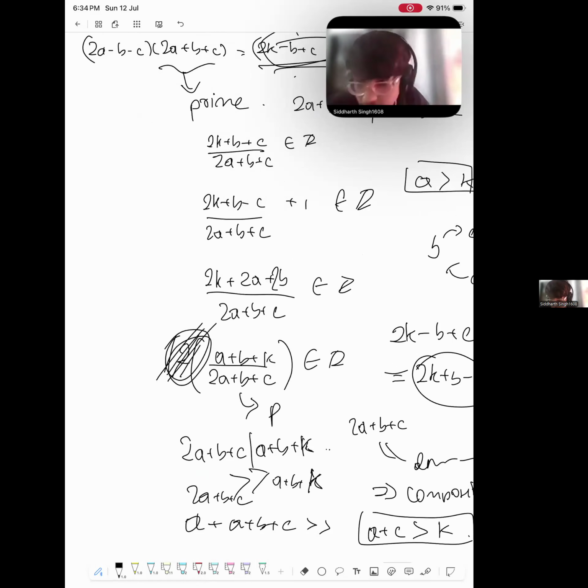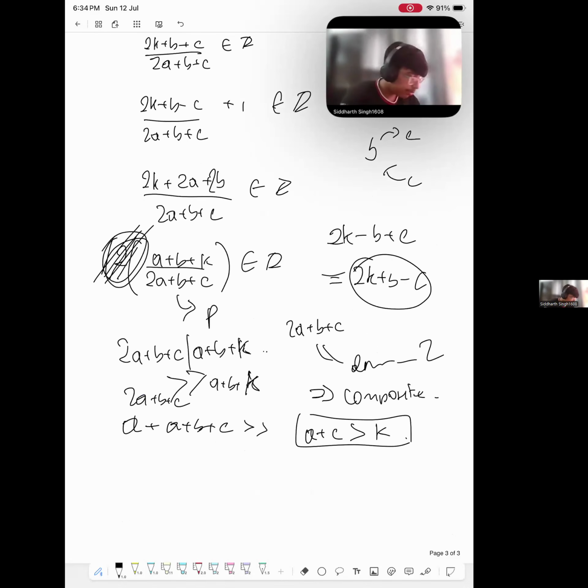Yeah. But we have a plus c is greater than k. So intuitively, this thing can't happen, right? Since you would have something like the numerator is 100, but then the denominator is some random number.